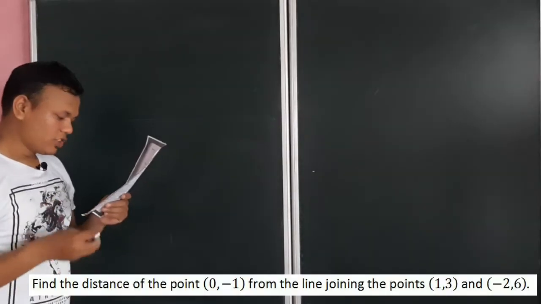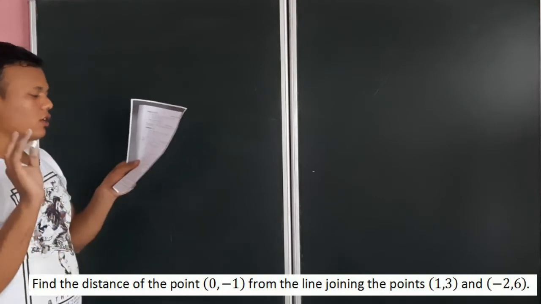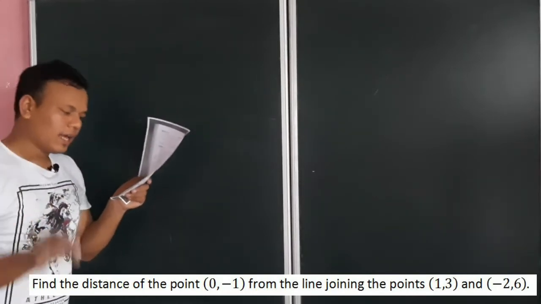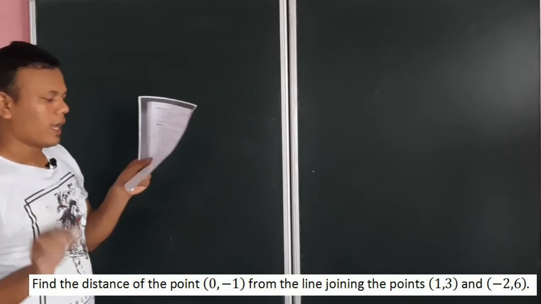Okay, so let me take question number 6 for you. So question 6 says, find the distance of the point (0, -1) from the line joining the points (1, 3) and (-2, 6).